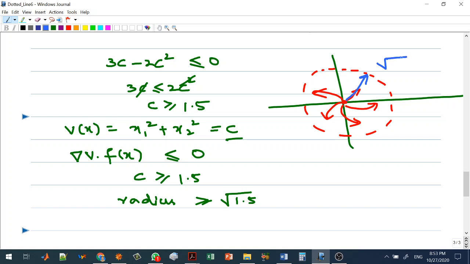Radius is equal to square root of 1.5, and beyond this, the trajectories are pointing inwards, right?